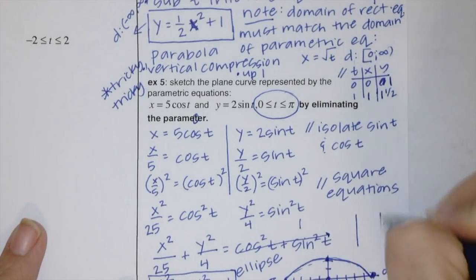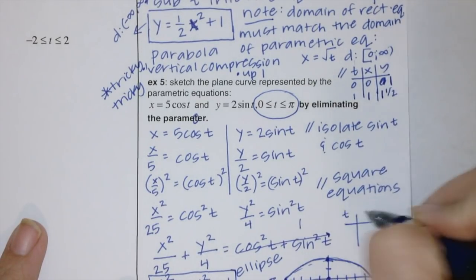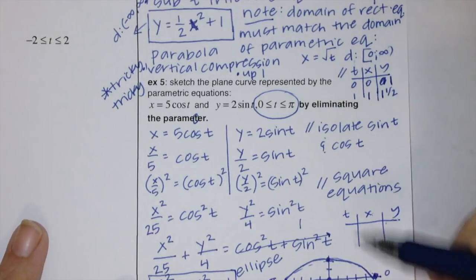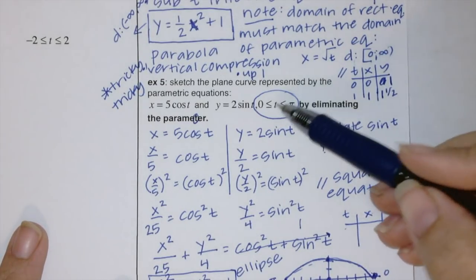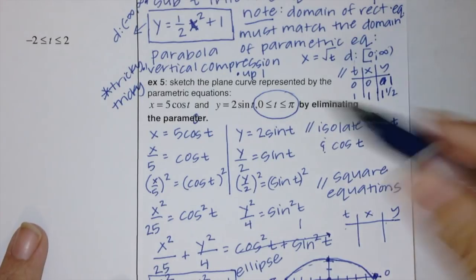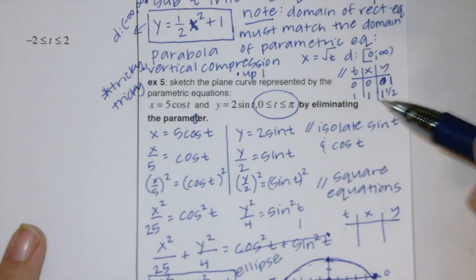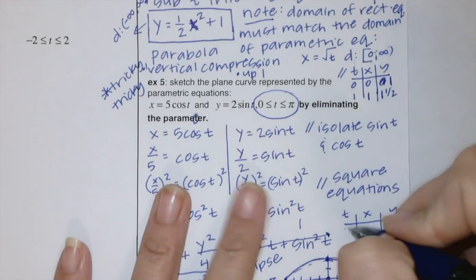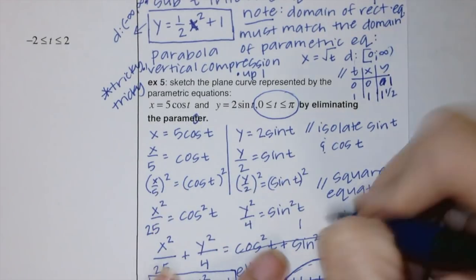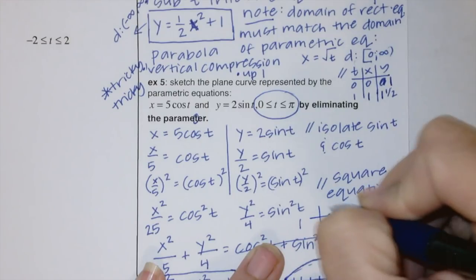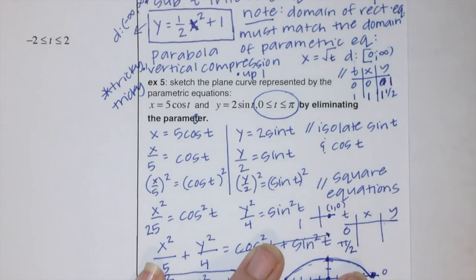You have to be a little bit fancy with your tiny table in this case. So here's my t, x, y. I'm not going to pick 0 and 1 for this, because I actually need to pick angles, because my input into trigonometric functions are angles. So I'm going to pick 0 and pi over 2. Here's 0. That's the point 1, 0.